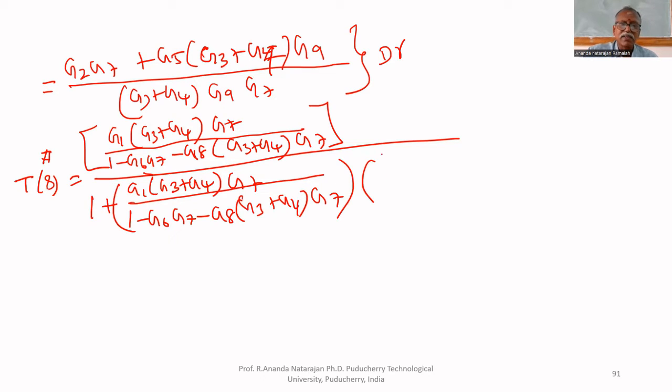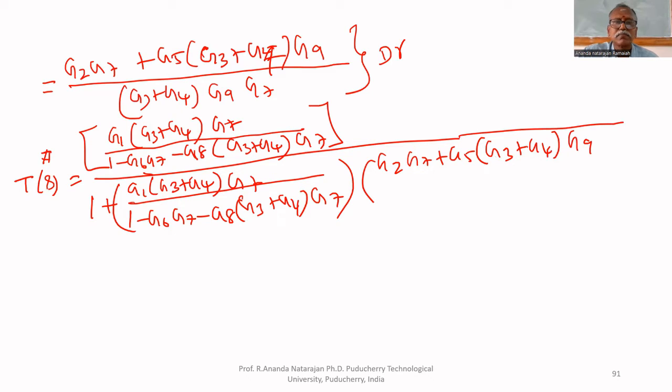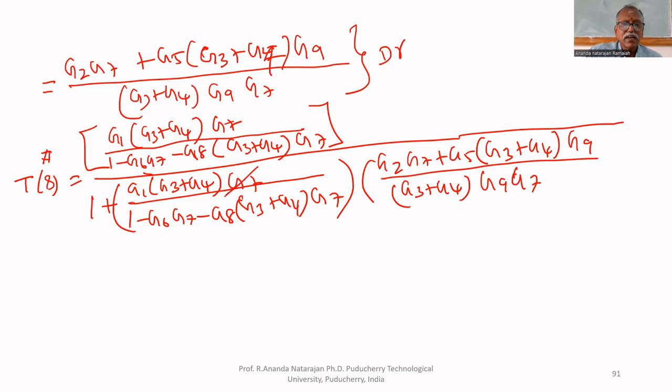For the denominator, already we derived that: G2 G7 plus G5 times G3 plus G4 multiplied by G9, divided by G3 plus G4 multiplied by G9 G7. So here G7 is getting cancelled. G3 plus G4 is getting cancelled.